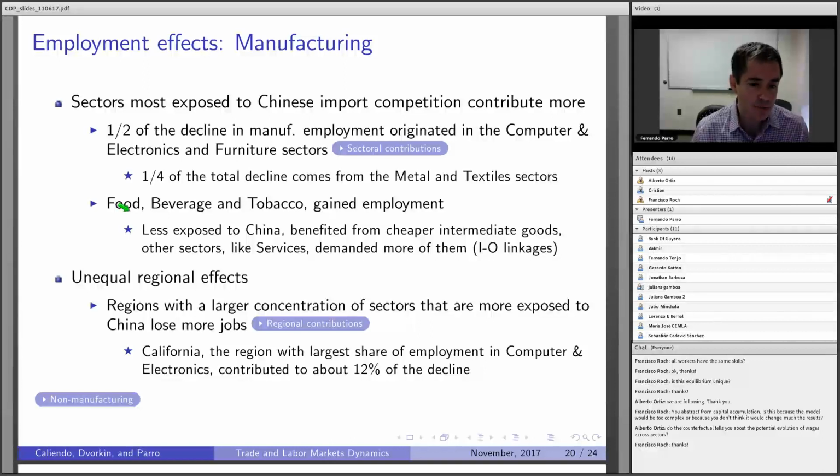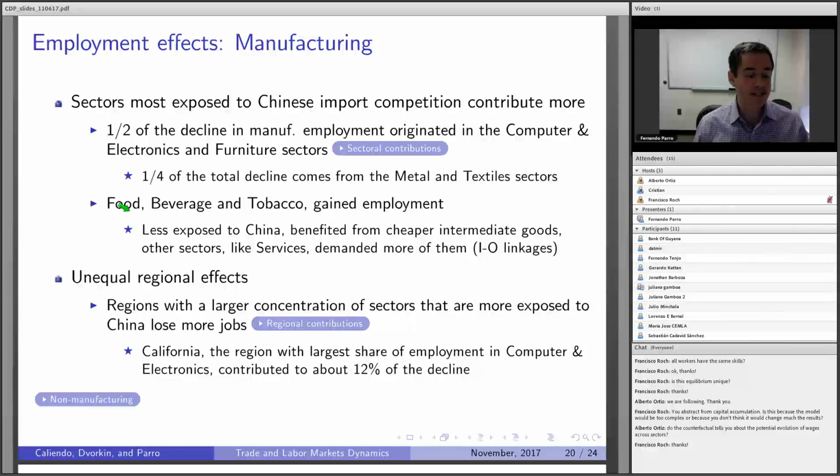Therefore, this industry benefited from cheaper intermediate goods from other sectors, such as services and other manufacturing industries, which allowed this sector to expand production and increase employment.